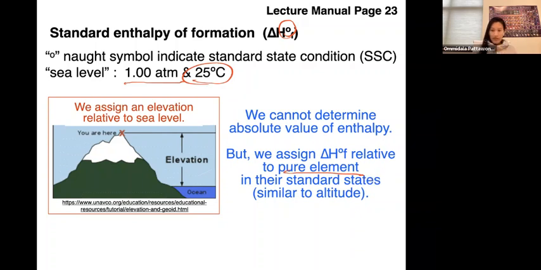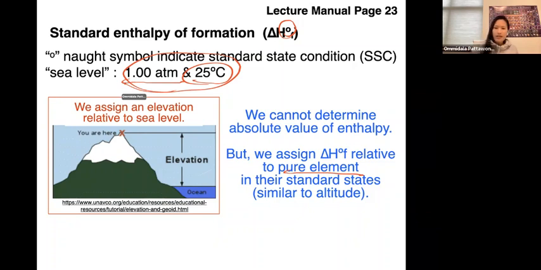Similar to elevation: to know the elevation, we need to set sea level as the reference point, and anything above that is a certain altitude. Similarly, for delta H of formation, we use the pure element as our 0 point, our reference point, at this temperature and pressure condition.